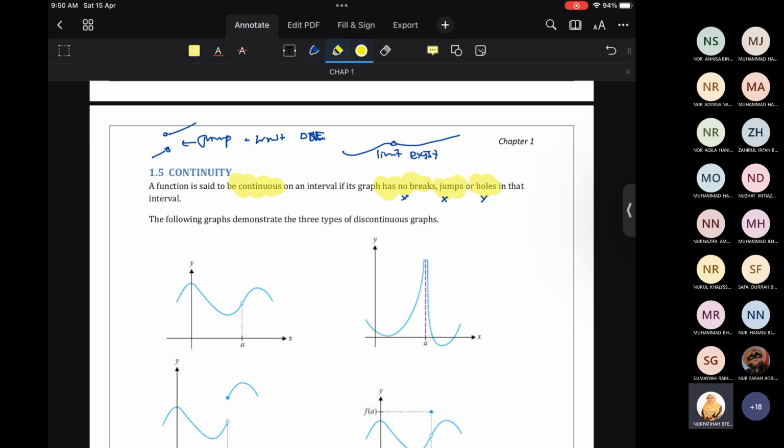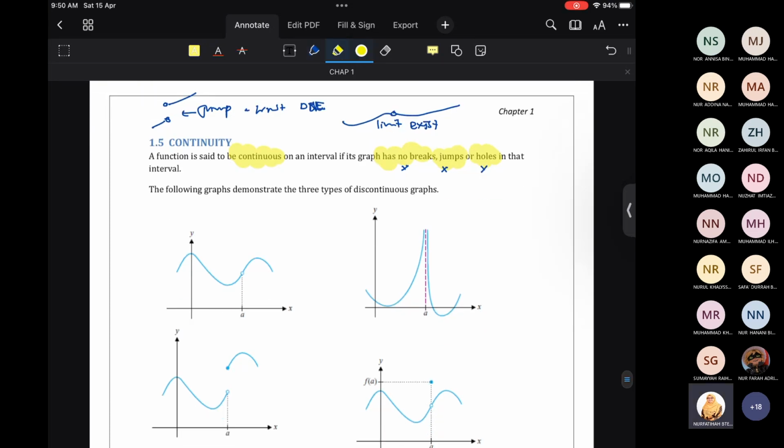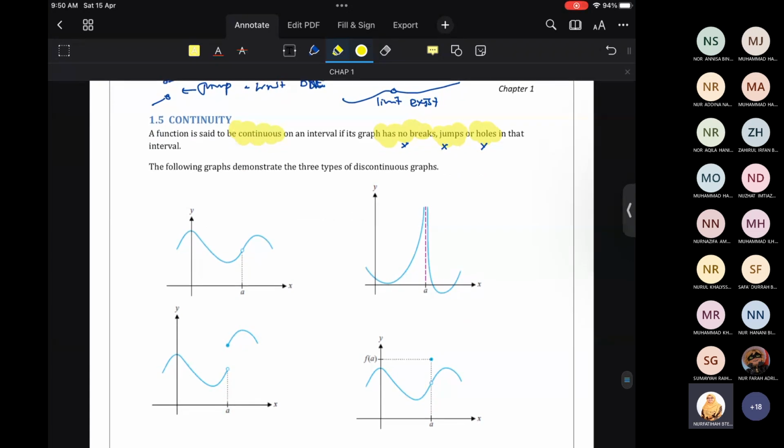Okay, so for example in this graph, you can see this graph. The following graphs demonstrate the three types of discontinuity. The first one, why is it discontinuous?